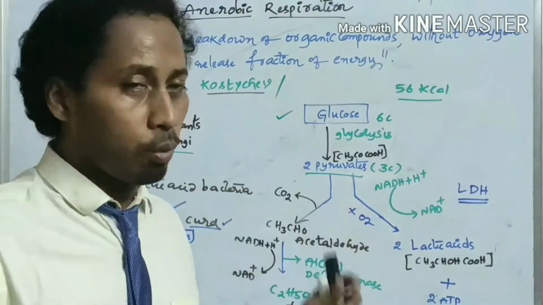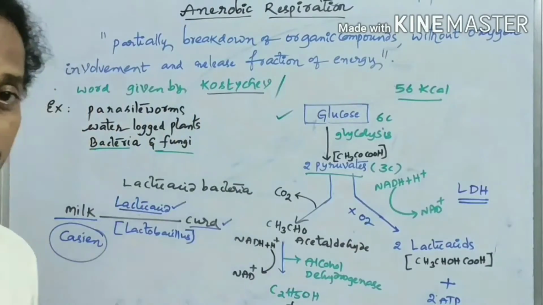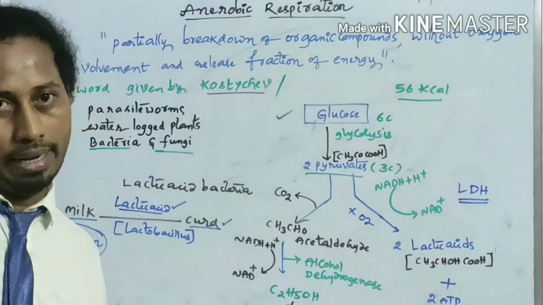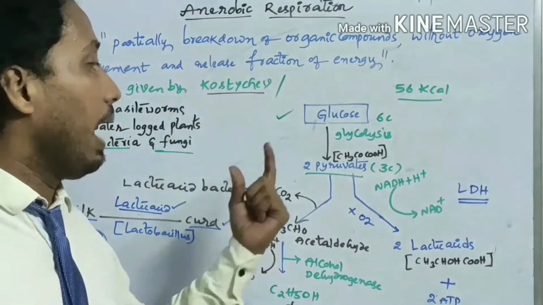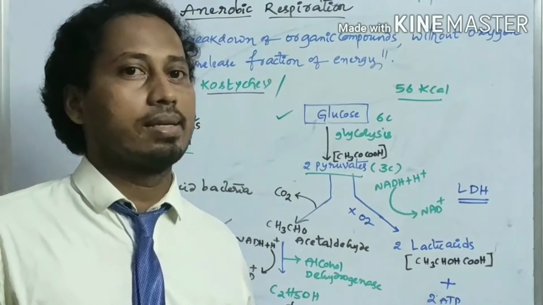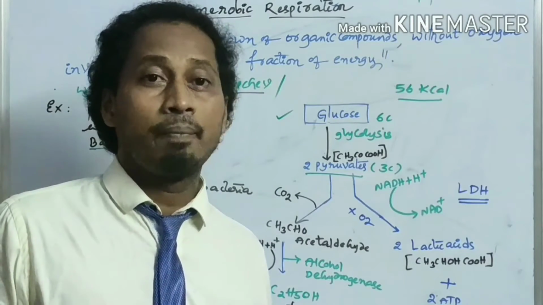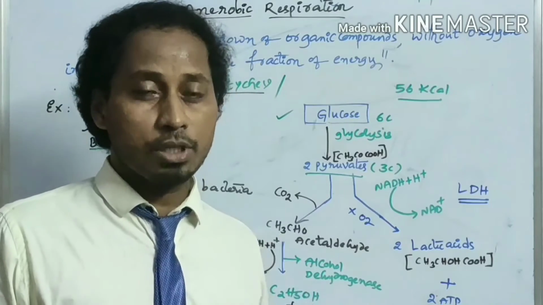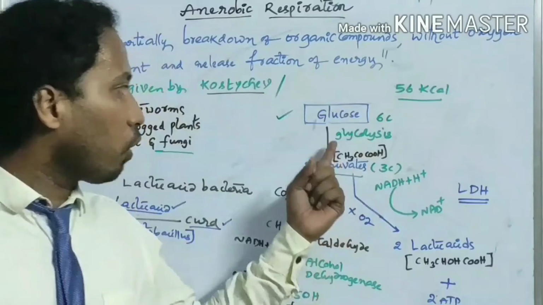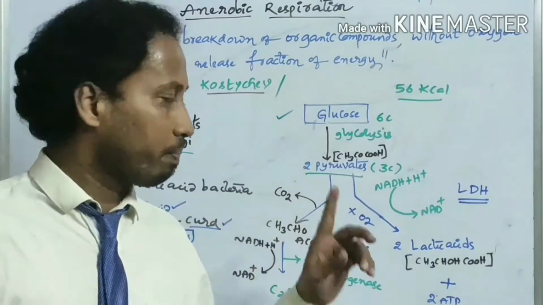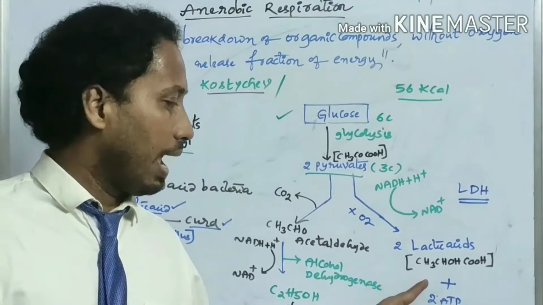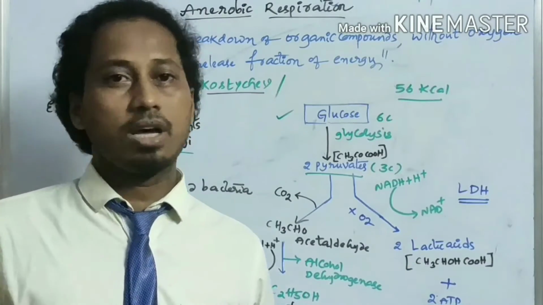So simply, in anaerobic respiration we can study two types. One is general fermentation in bacteria and fungi, and another is anaerobic respiration in human muscle cells when there is a disruption of oxygen supply. In that case, glucose to pyruvate is quite the same, but pyruvate becomes lactic acid, and 2 ATPs are produced.